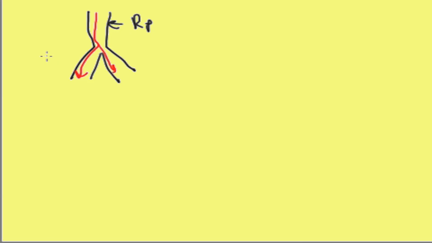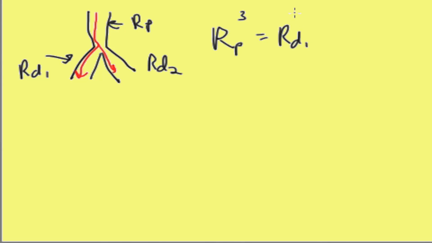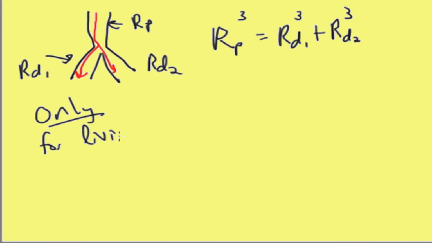It's going to be the parent, and this will be a radius of rd1, so it's daughter 1, and this is rd2. What Murray's law says is that the cube of the parent radius is going to be equal to the sum of the cubes of all the daughter radii. This is only for living fluids.